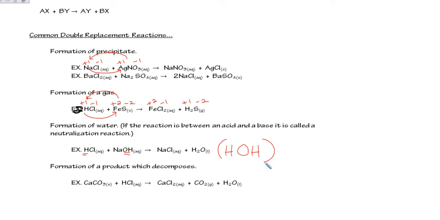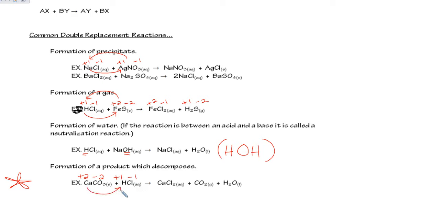And then finally, there are a few products that further decompose. So this might be kind of a special one. If I look at this guy, calcium carbonate, hydrogen chloride. At first, I want to do this switch with the positives.